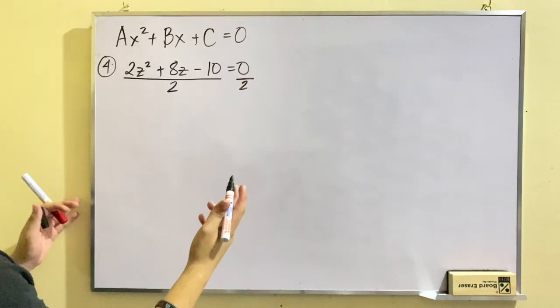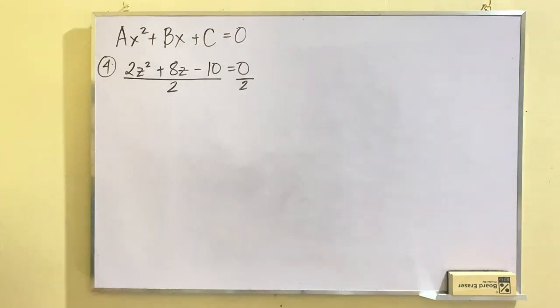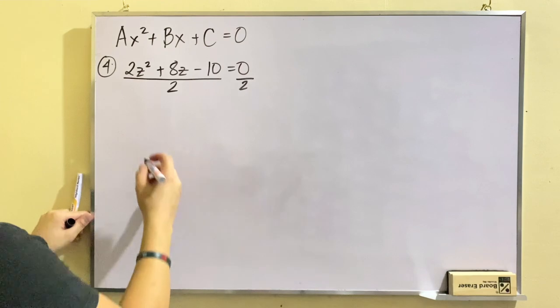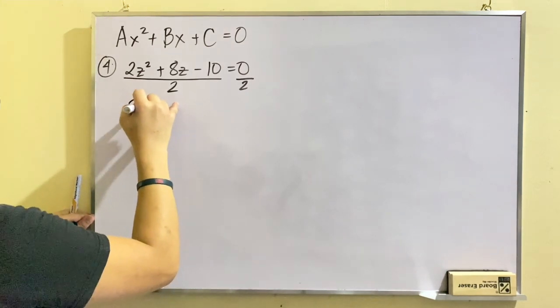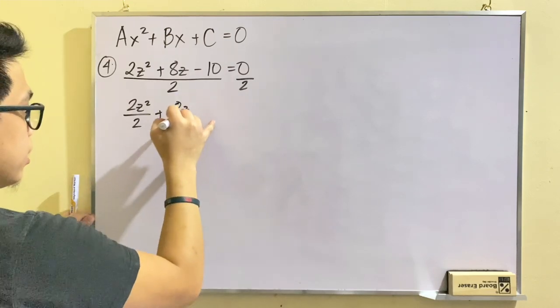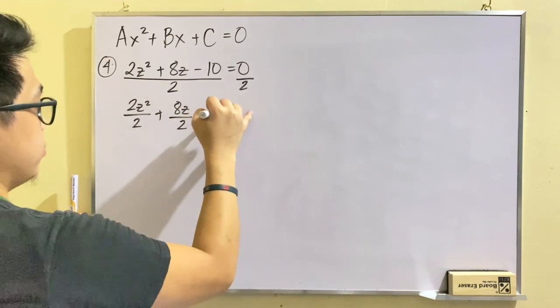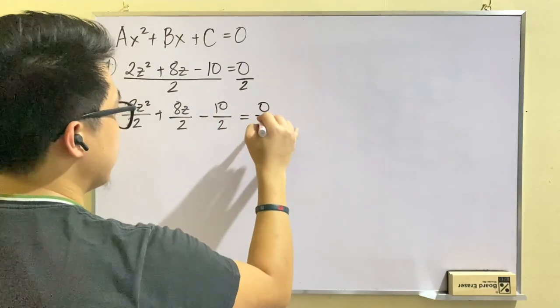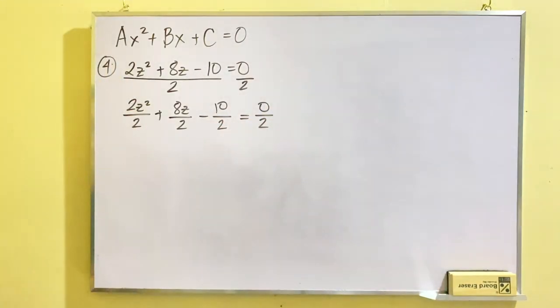So, ang magiging equation natin ngayon, 2z squared divided by 2 plus 8z divided by 2 minus 10 divided by 2 is equal to 0 divided by 2.